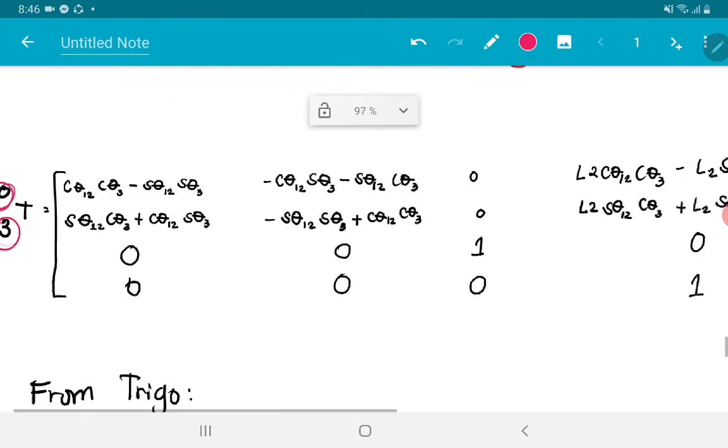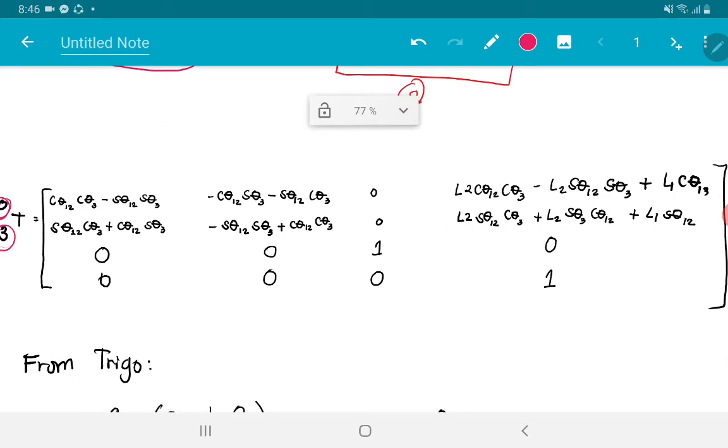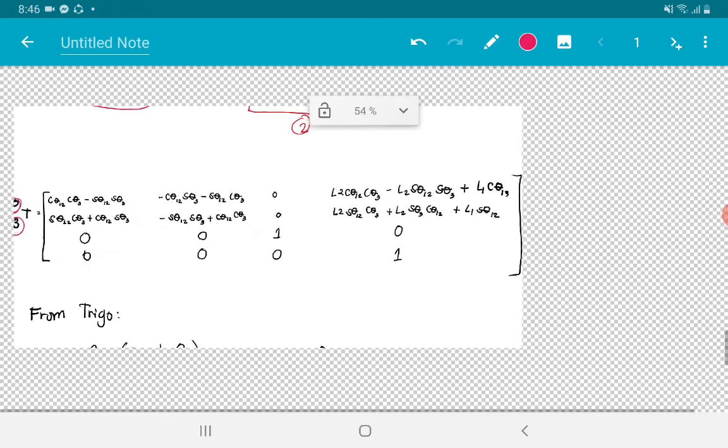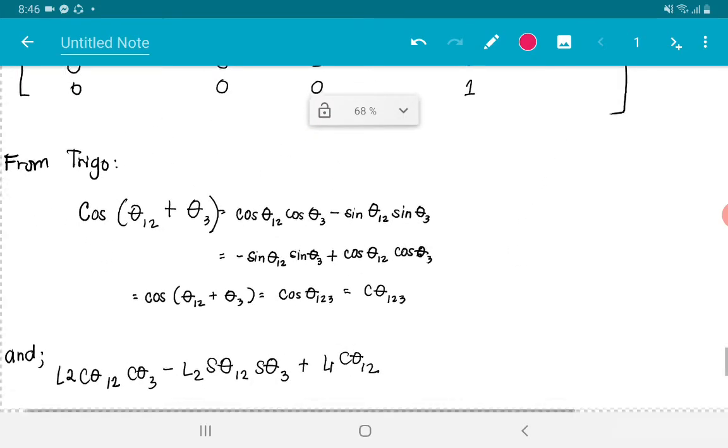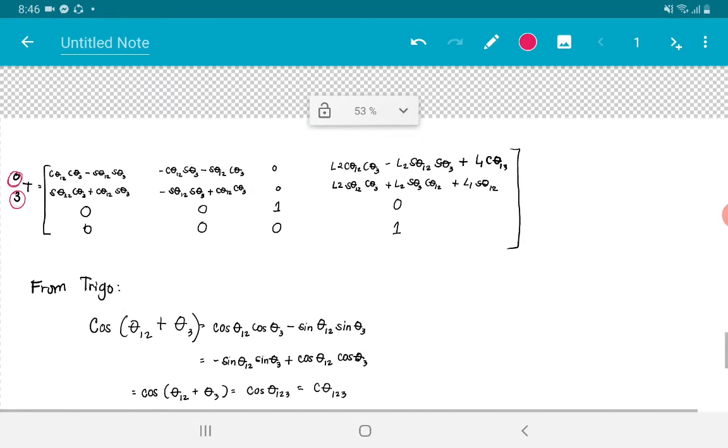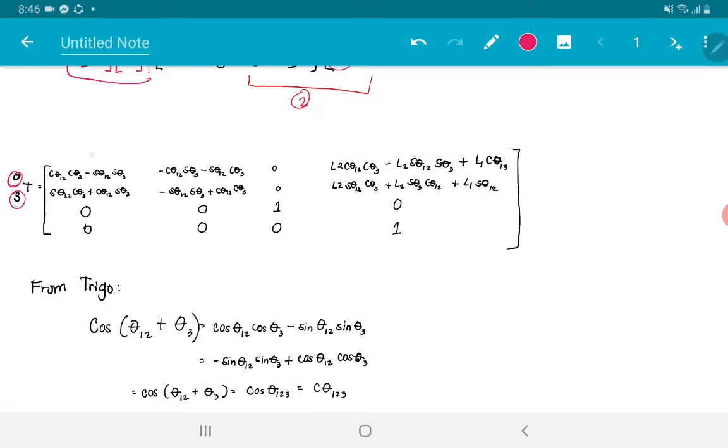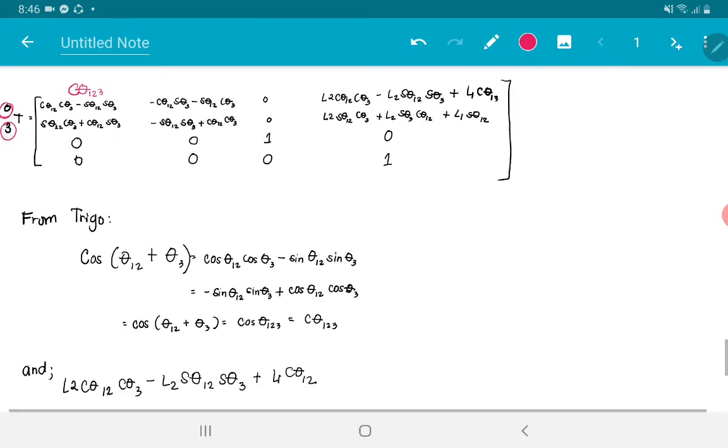So you have the long values. So from the trigonometric formula again, we can substitute this value to cosine theta 1, 2, 3. Then this one.